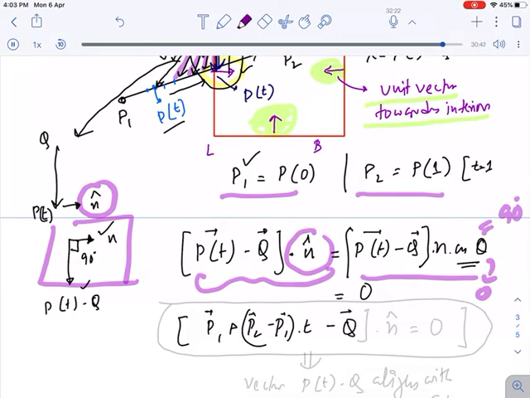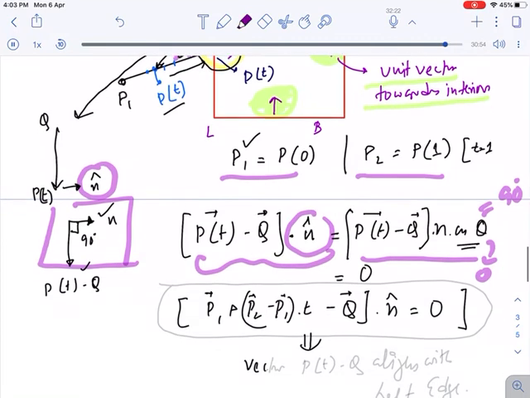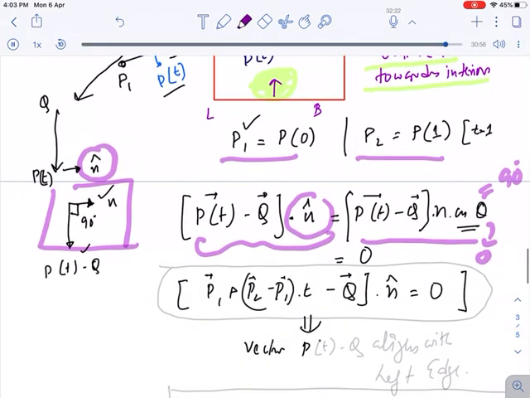Minus Q vector dot n equals 0 is the boundary condition when the vector Pt minus Q aligns with the left edge. This is the boundary condition.